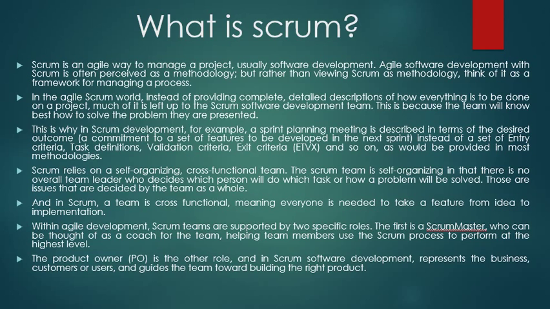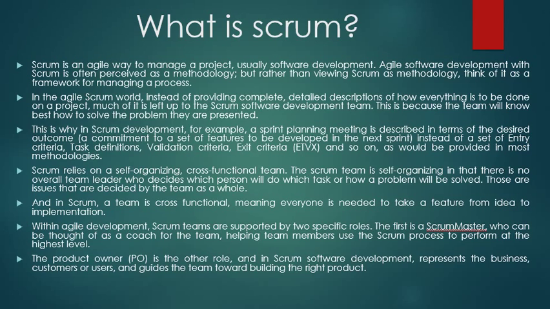The Scrum team is self-organizing in that there is no overall team leader who decides which persons will do which task and how a problem will be solved. Those are issues that are decided by the team as well. And in Scrum, a team is cross-functional, meaning everyone is needed to take a feature from idea to implementation.